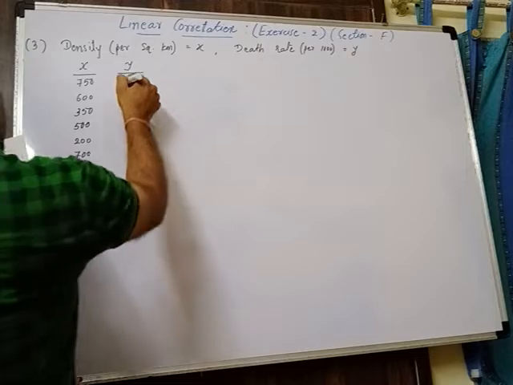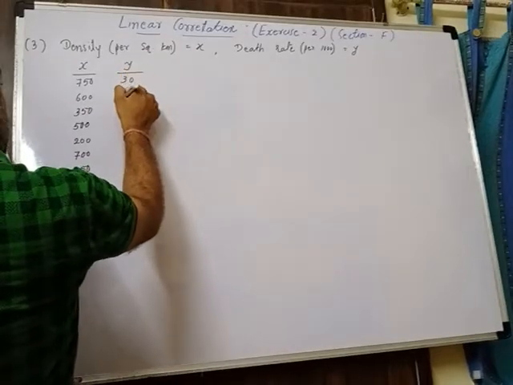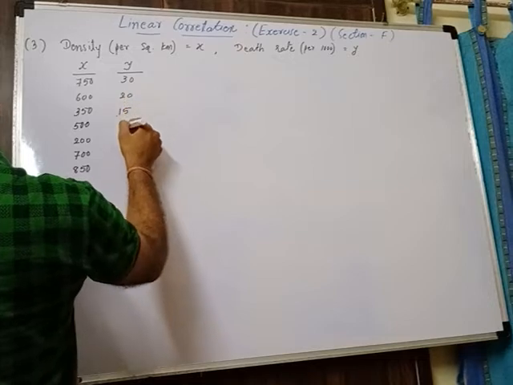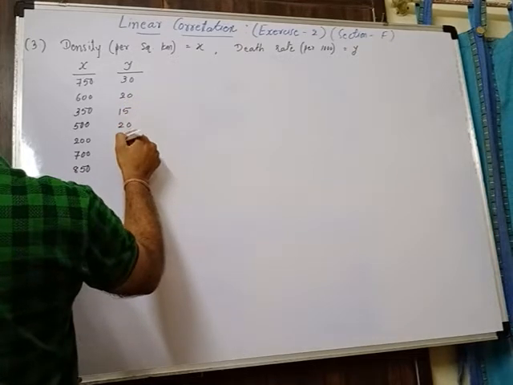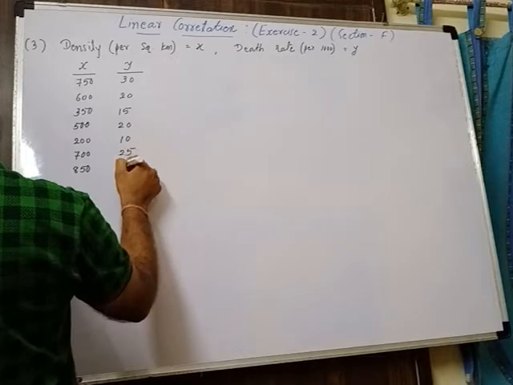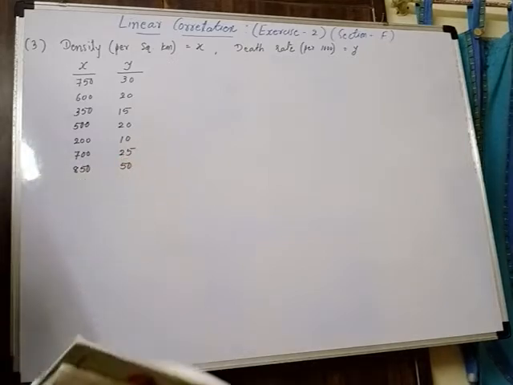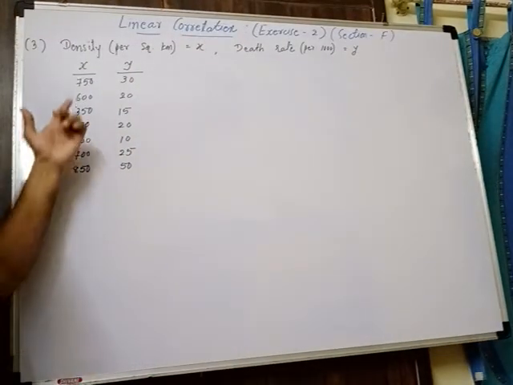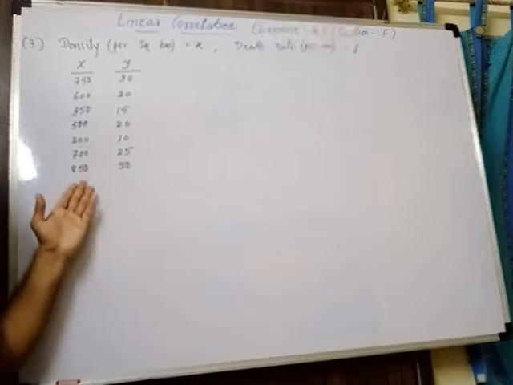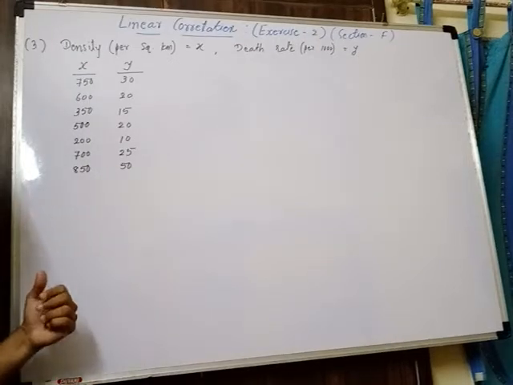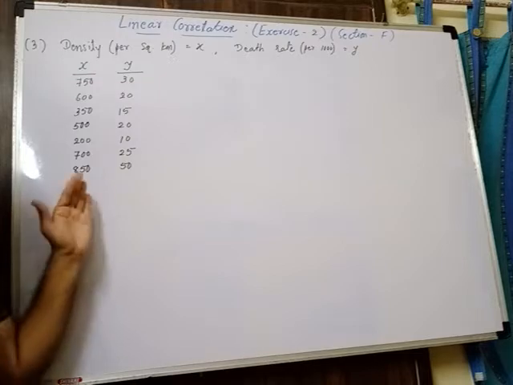Variable y: 30, 20, 15, 20, 10, 25 and 50. That is the variable y value provided. Now again you can see the values are in 3 digits over here, and over here 2 digits, but some larger values are there. So what we'll do, we'll convert these values into u and v.